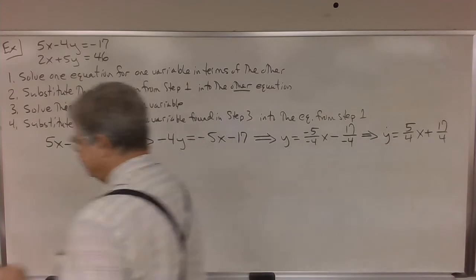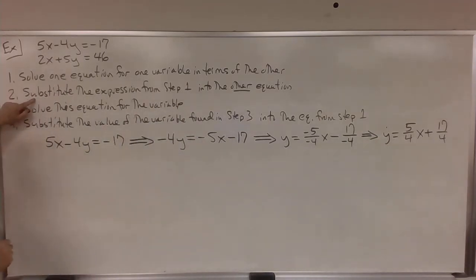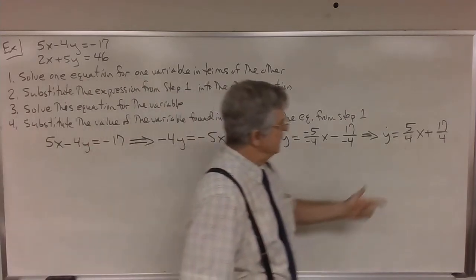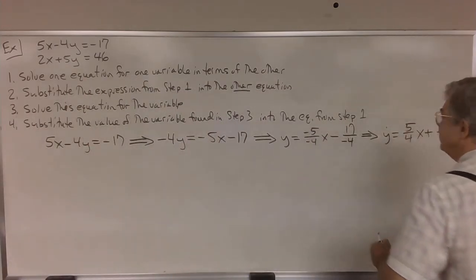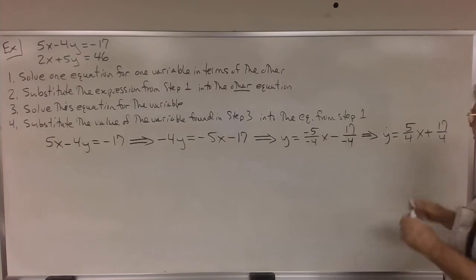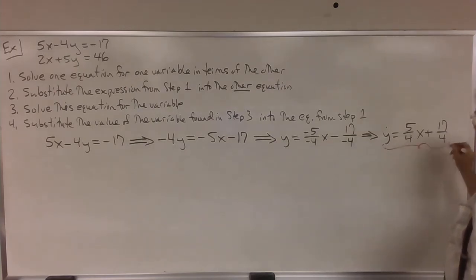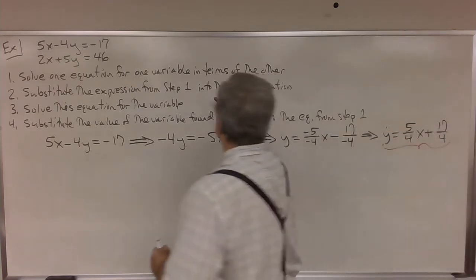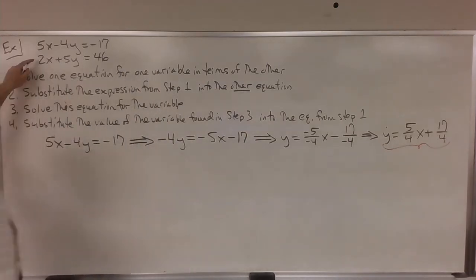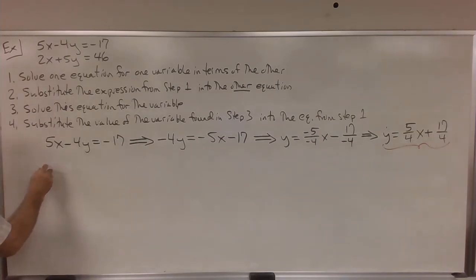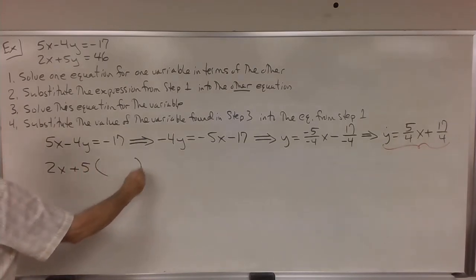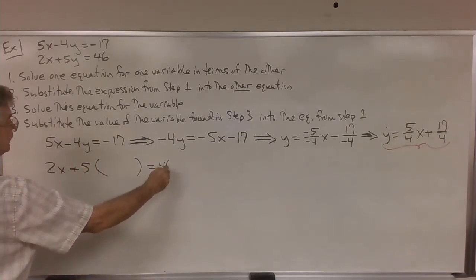Okay. Step 2. Substitute the expression from step 1. That's this thing. So we're going to substitute this expression into the other equation, the equation that we haven't used yet. Okay. So here's 2x plus 5y equals 46.